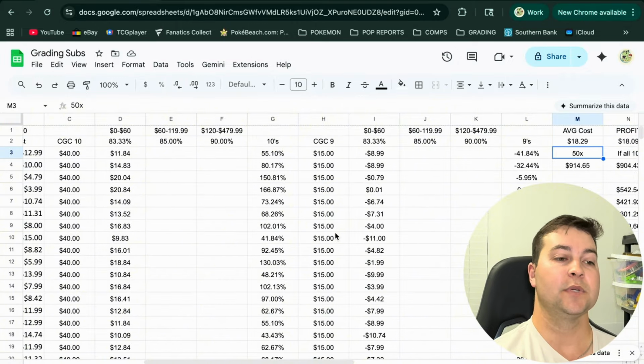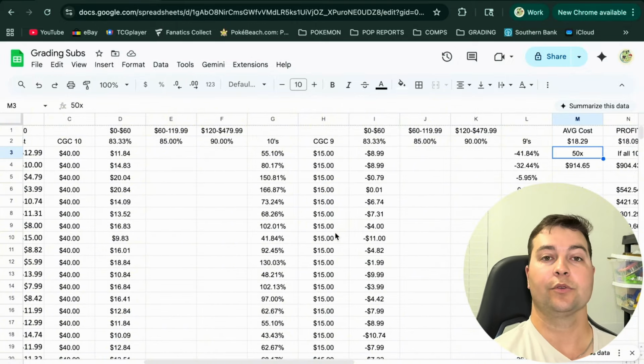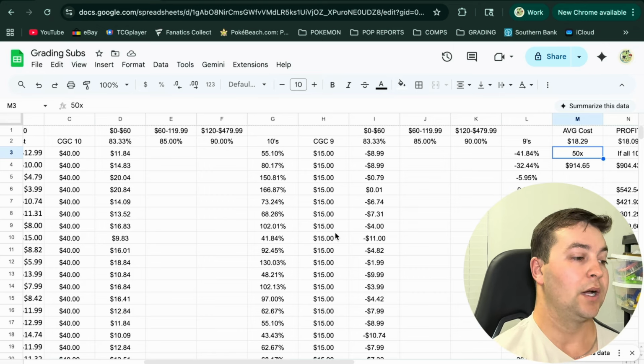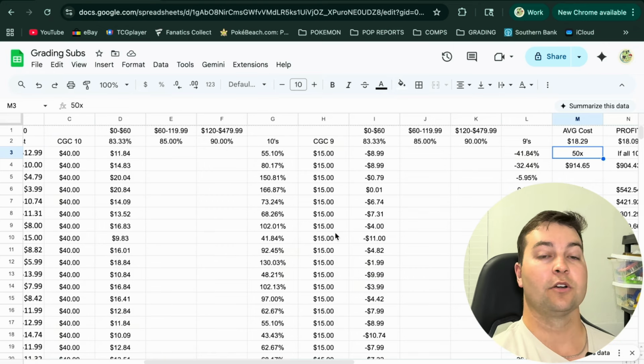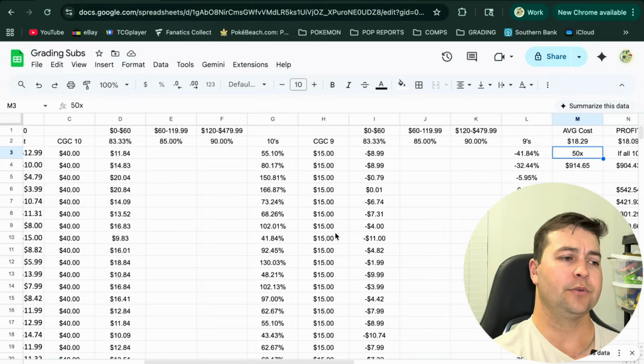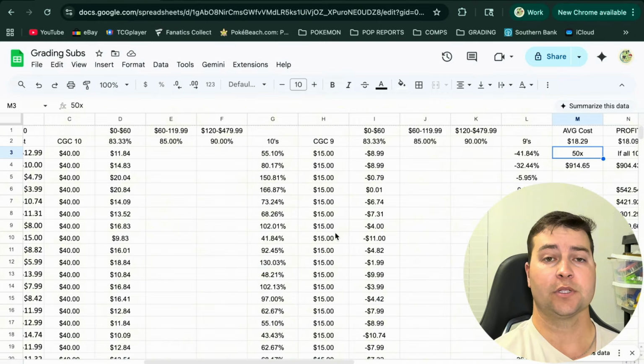So since I'm not going straight with CGC and I'm going with Dan's consignment, I can submit these cards for $8.50, which is a massive discount, especially when you're dealing with these really small margins and really small dollars.